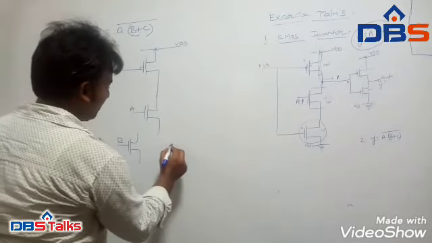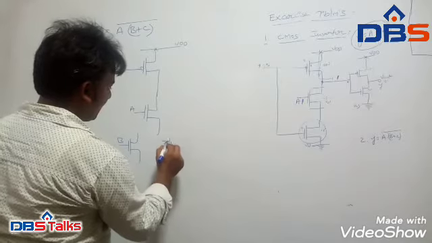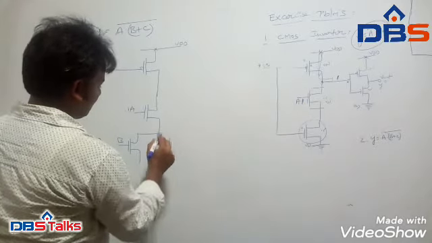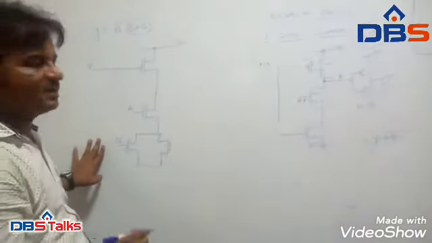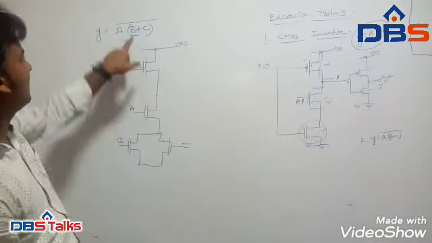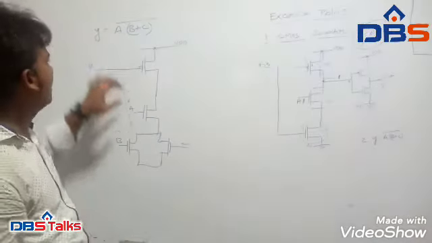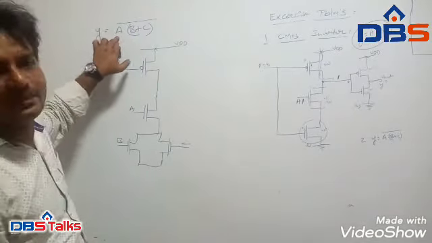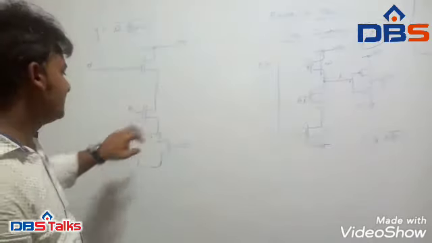In the parallel combination, we have to maintain the series and parallel connections. So B or C are connected in parallel, and that combination is ANDed, multiplied with A, so that's why it is connected in series.